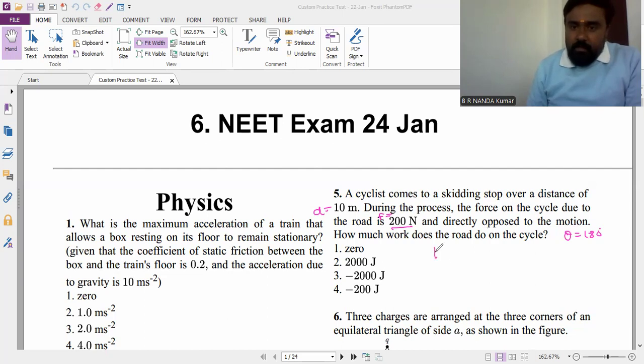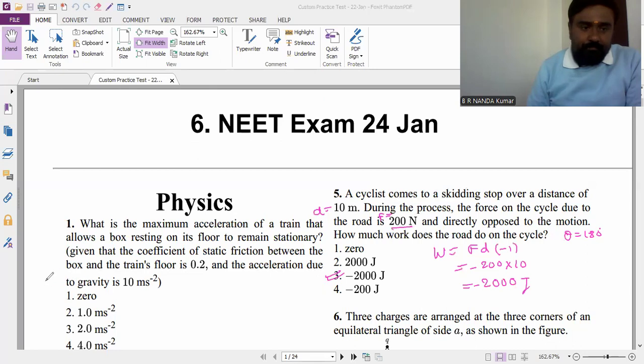So work done is nothing but F D cos theta. Cos 180 is minus 1. So this is 200 into 10 into minus 1, so minus 2000 joule. The right answer is the third option.